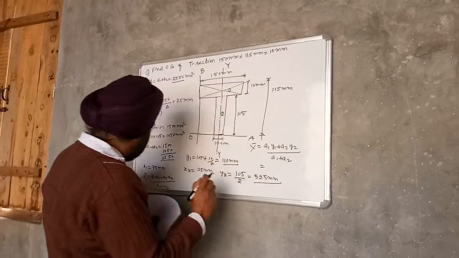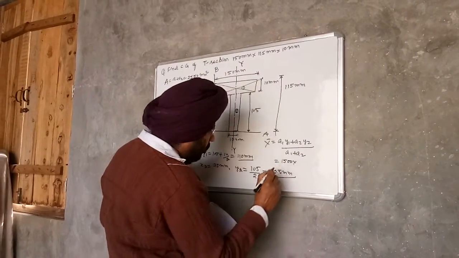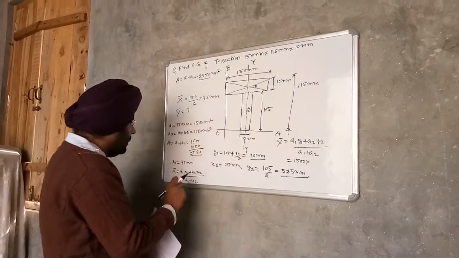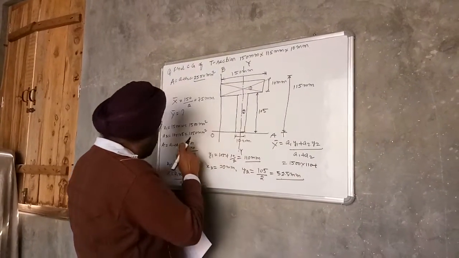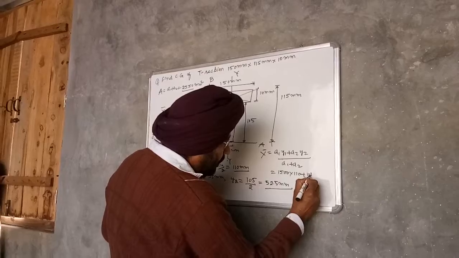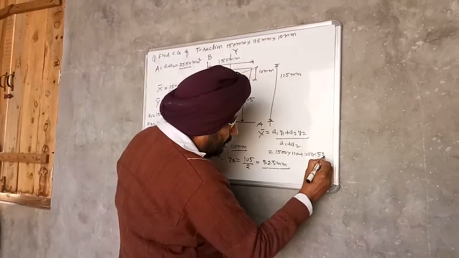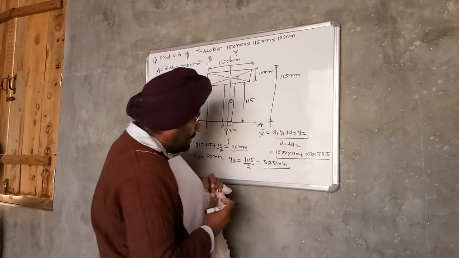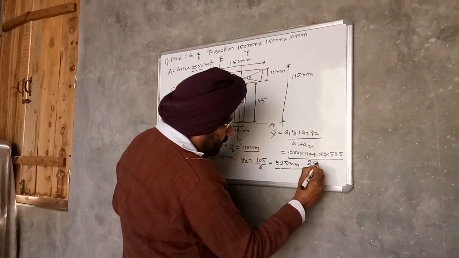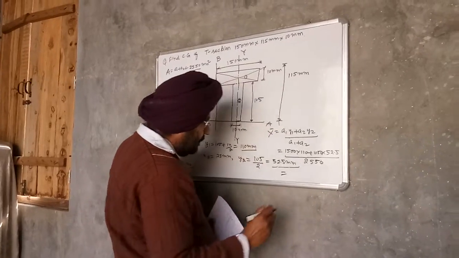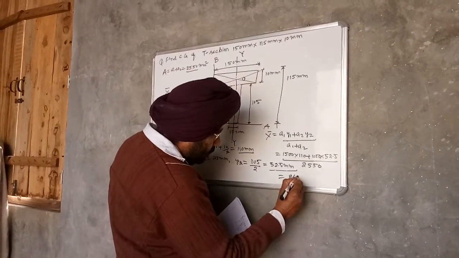A1 is the area of the first part, 1500, into y1, which is 110, plus A2, area of the second part, 1050, into y2, 52.5, upon A1 plus A2, which is 2550. So the value of y bar is 86.32 millimeter.